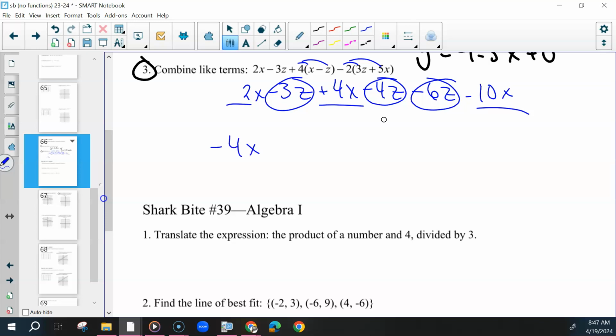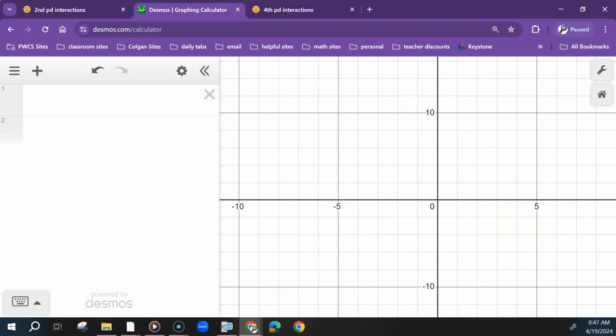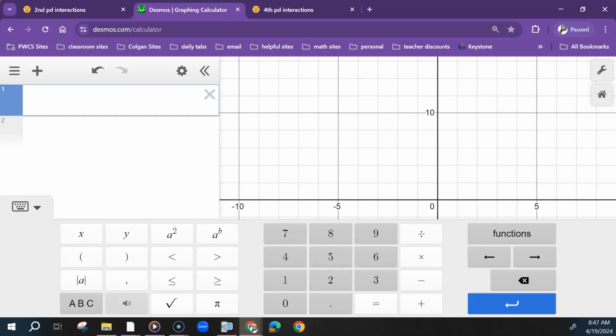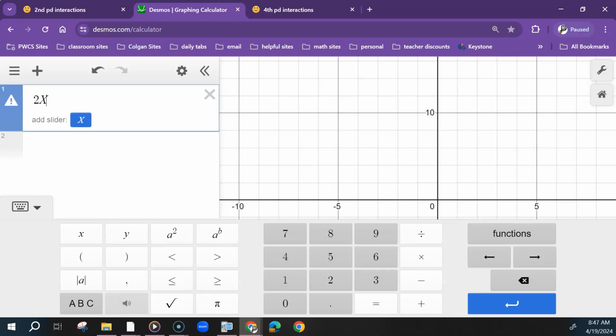Negative 3 minus 4 is negative 7, minus 6 is negative 13. And then if I were to put that into Desmos, the original and the answer, I'm going to make the x's capital and leave the z's.